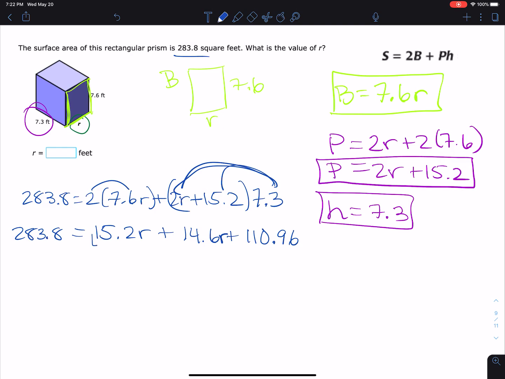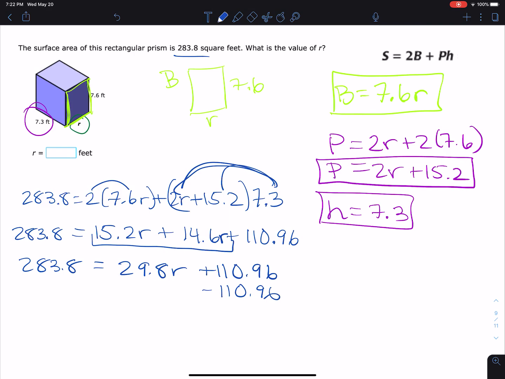Okay, now I'm going to combine my like terms here. So 15.2 plus 14.6 gives me 29.8R plus 110.96 equals 283.8. Okay, let's go ahead and subtract.